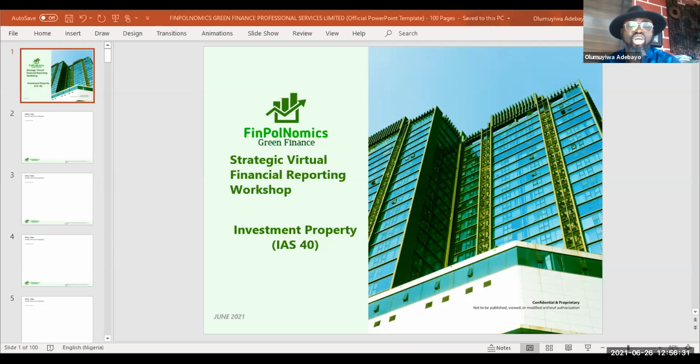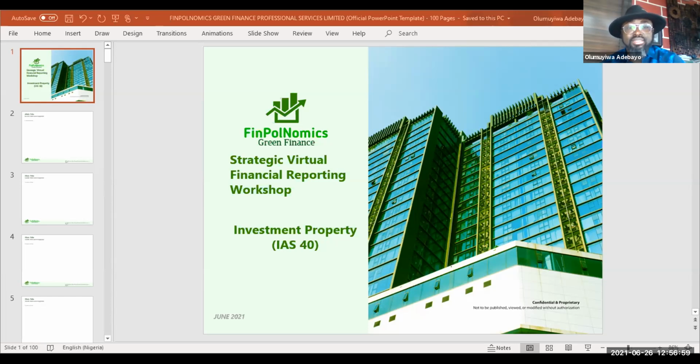It does not take into cognizance property that is used materially or significantly in the production or supply of goods and services, or for any form of administrative purposes. Neither will it be property that is developed in the ordinary course of business to be sold. Why?